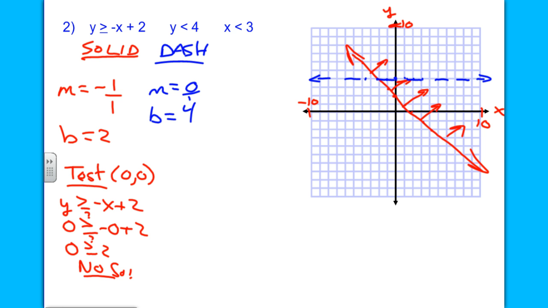It is an inequality though, so Sophia, what do you want to test? Okay, she wants to test 0, 0 as well. So when we take this inequality and we plug in 0, is 0 less than 4? Yes. It's a solution. So we will shade toward 0, 0.